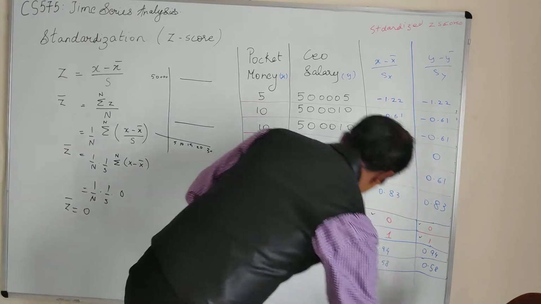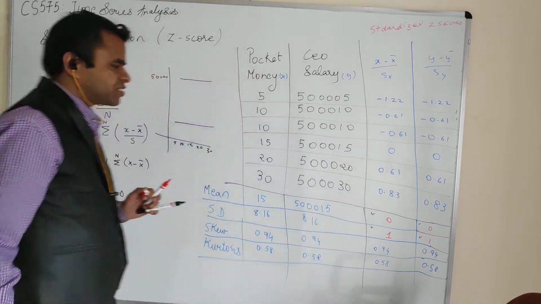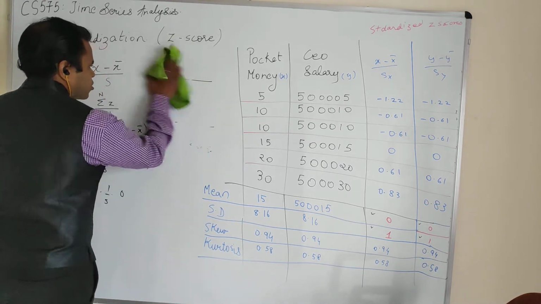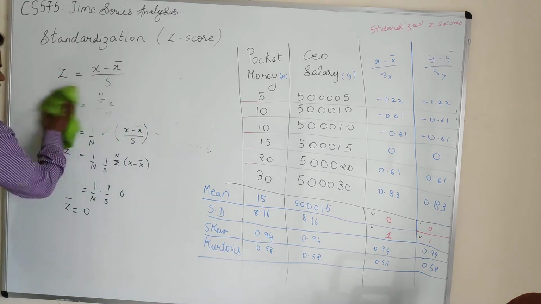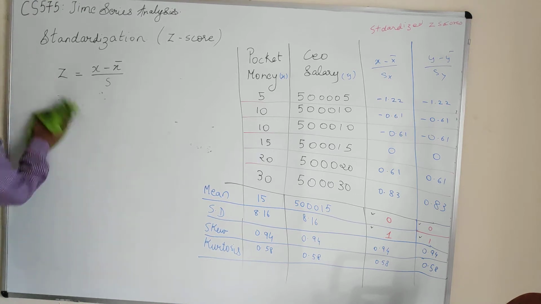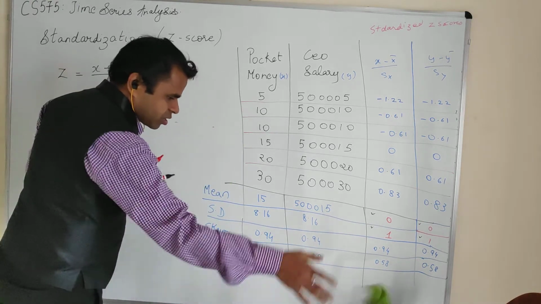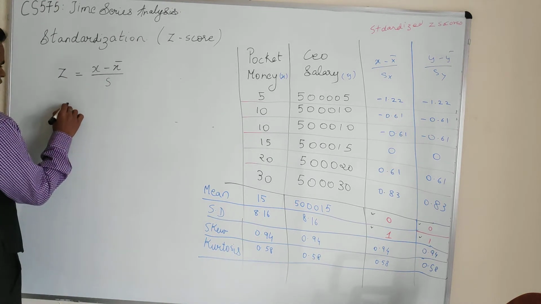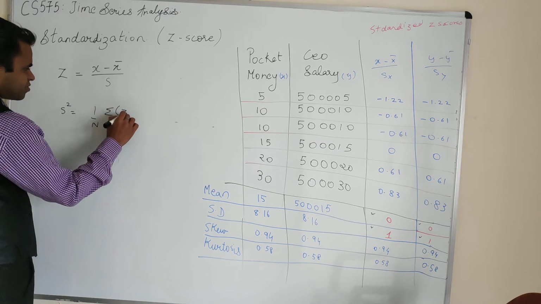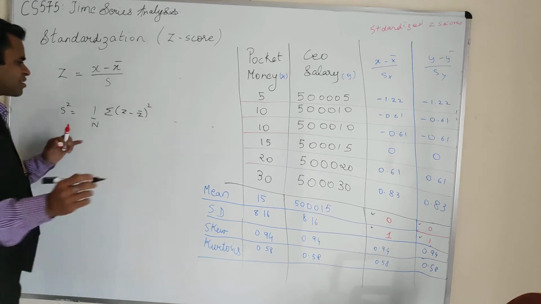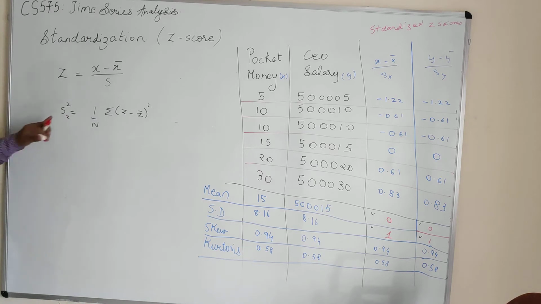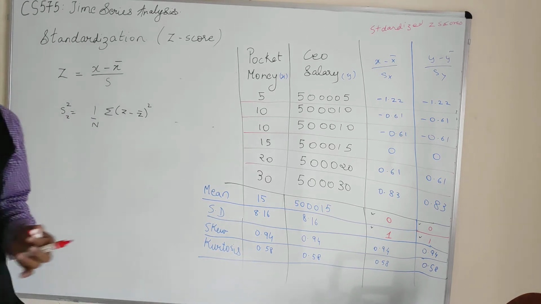Another property is of the standard deviation. Now the standard deviation is always 1. Again we will see the proof of why the standard deviation is 1. So let me erase this. First let us write the formula for standard deviation. We calculate the variance and then we get the standard deviation by taking the square root.